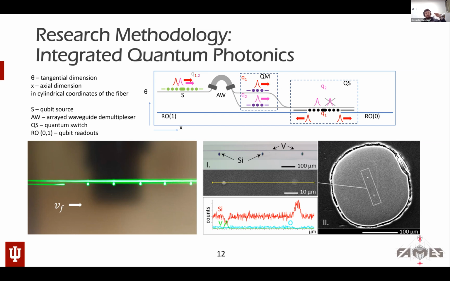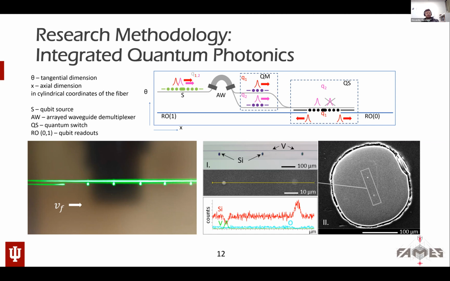If you apply voltage across, you will change the concentration of charge carriers inside this silicon, and change in concentration of charge carriers is expressed as a change in refractive index. So you have spherical resonators of silicon with a flanking electrode that can tune the resonant frequency of the spherical resonator. So you have an array of switches, of tunable resonant switches.